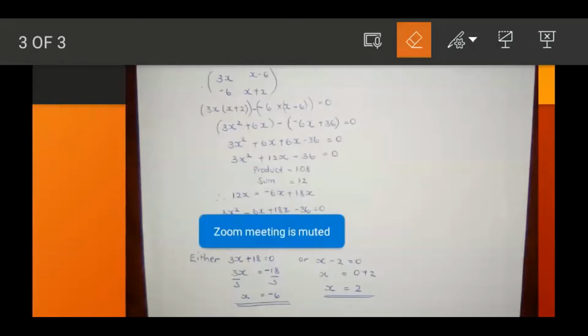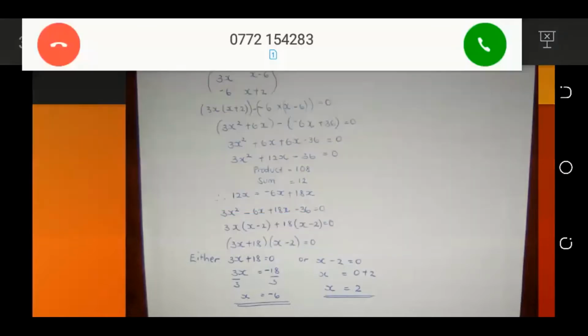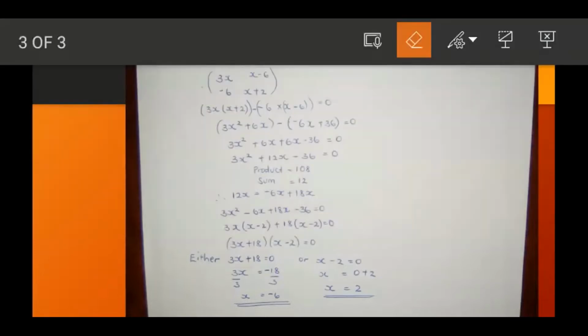So we will negative. You open, then 3x squared plus 6x minus 36 is equal to 0. So 3x squared plus 12x minus 36 is equal to 0.